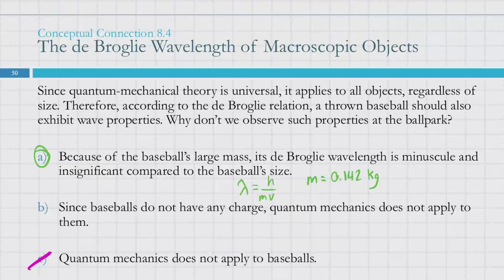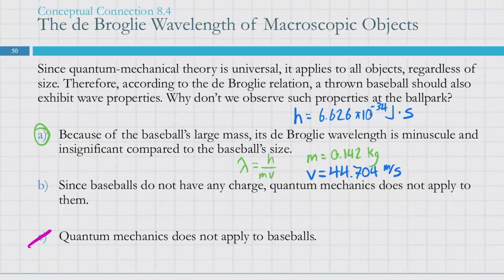It's A, but just to show you, I thought it would be fun to actually do the calculation. h is 6.626 times 10 to the minus 34 joule seconds. And let's say that we are Randy Johnson, and we can hurl a baseball at 100 miles per hour. So our velocity is 44.704 meters per second.